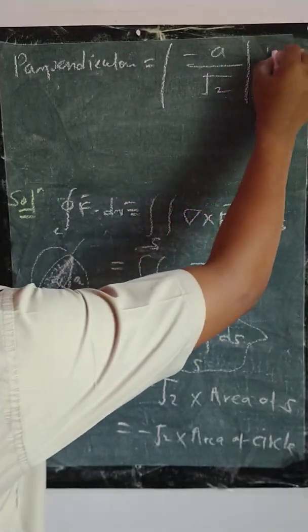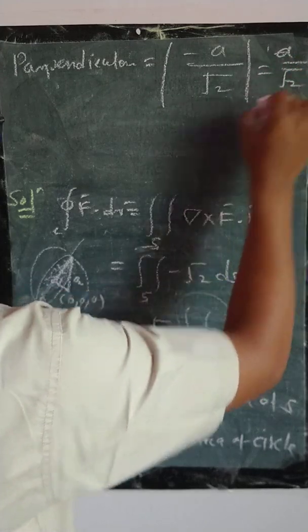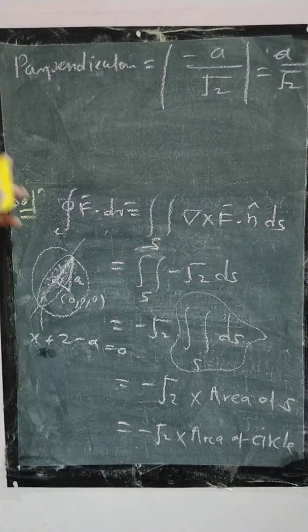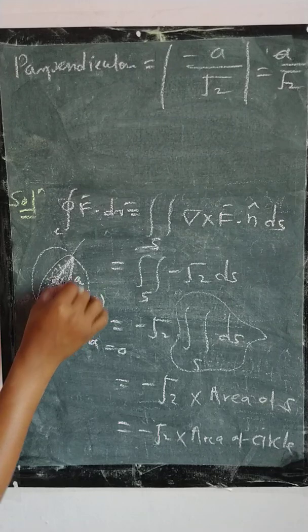So the perpendicular is a by root 2. Here the perpendicular is a by root 2 and the hypotenuse is a.